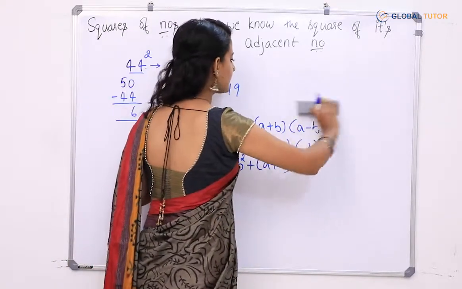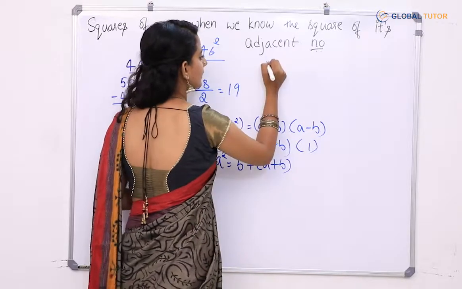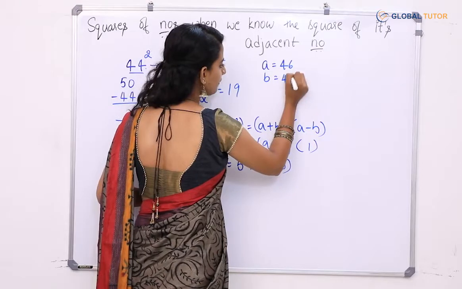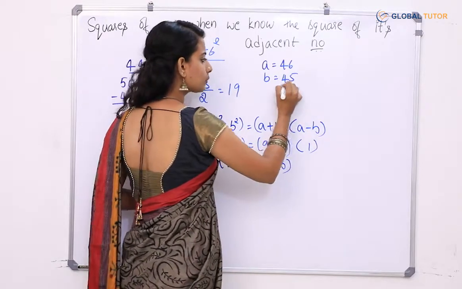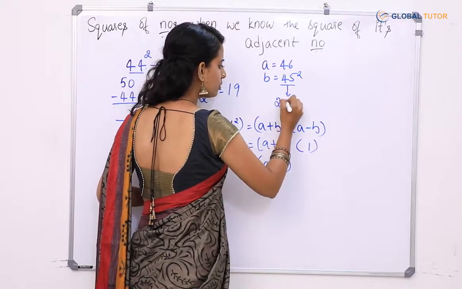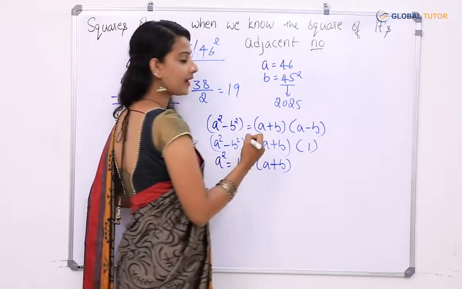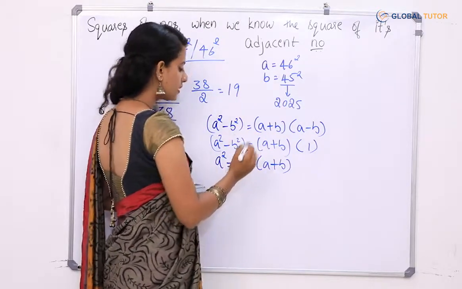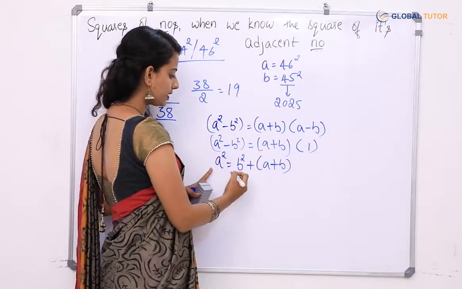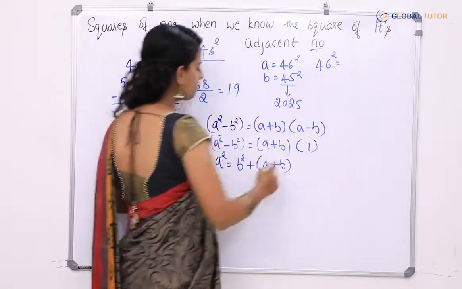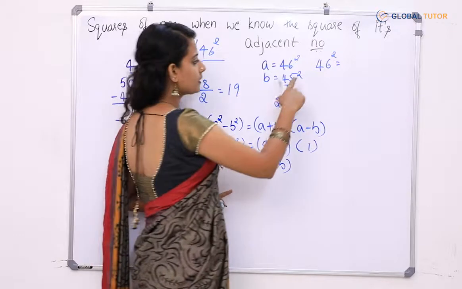Now, this is the formula that we are going to use. Now, let us consider a is 46, b is 45. We know the square of this number, which will be 2025. Now, let us find the square of 46. So, what is the formula? A square is equal to, which means 46 square is equal to b square, which is 45 square.